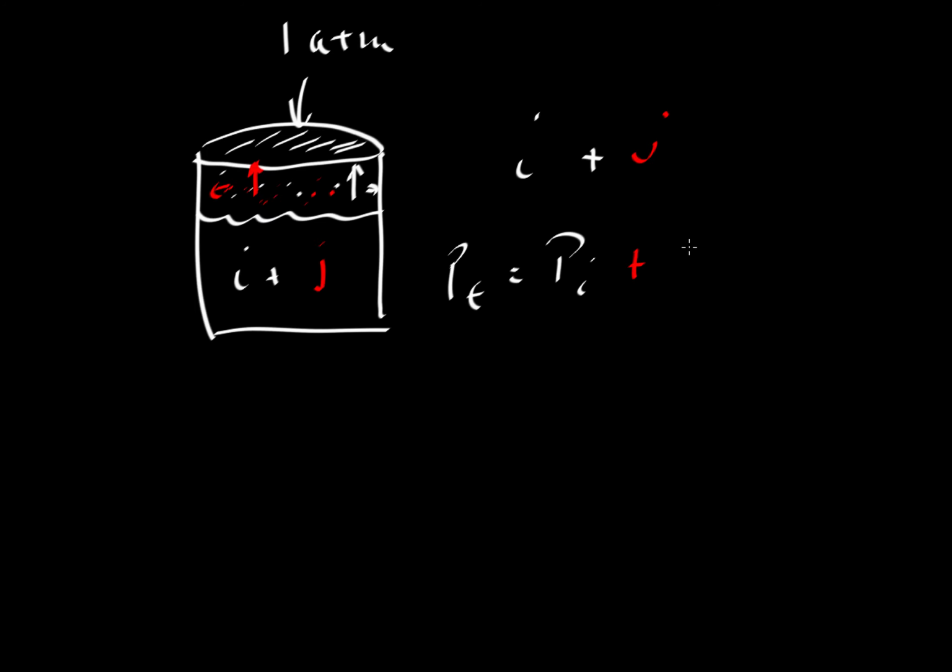So the total pressure here would be the sum of Pi and Pj, and together those are what we would refer to as the partial pressures. And the sum of those partial pressures must equal the total pressure. In this case, we've just said that that total pressure is going to be equal to 1 atmosphere.